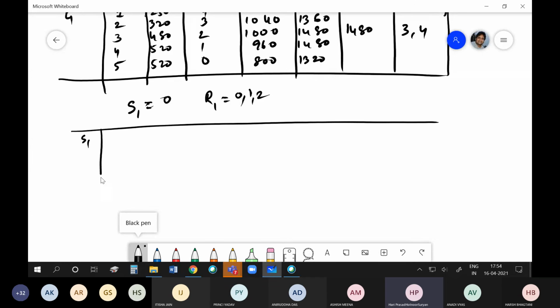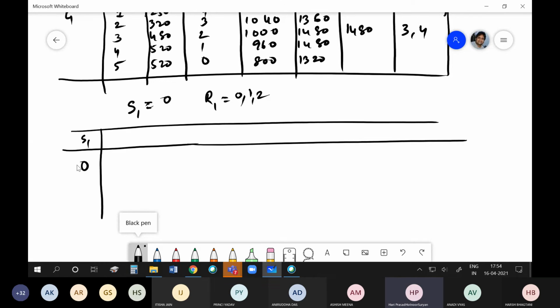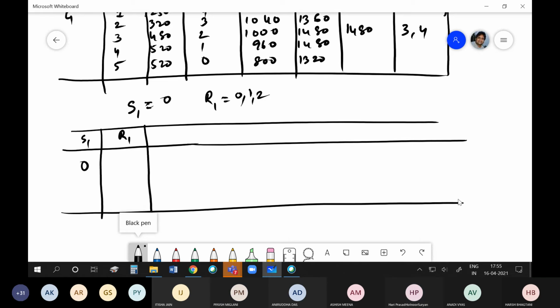So S1 is 0. What are the possible values of R1? 0, 1 or 2. So B1 of R1 is how much?